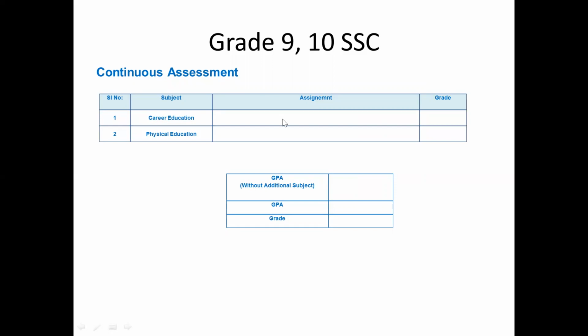If you have not given the assignment for these continuous assessment subjects, please give it now so that we can grade them. And also in the progress report, there is GPA without additional subject and GPA with additional subject and the final grade mentioned.